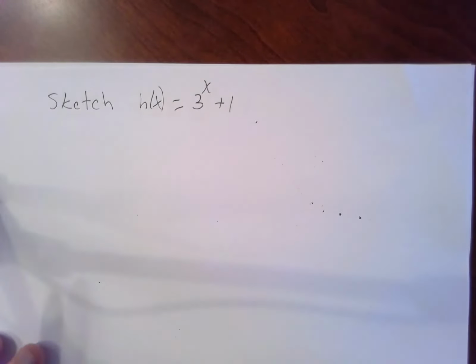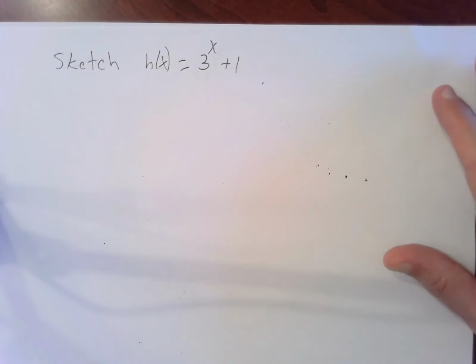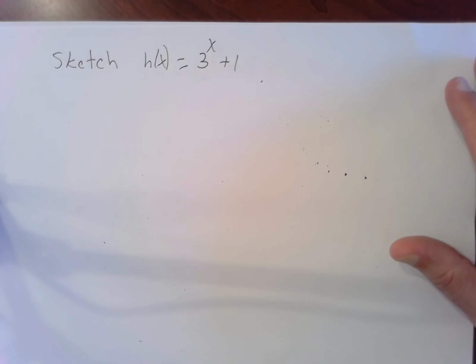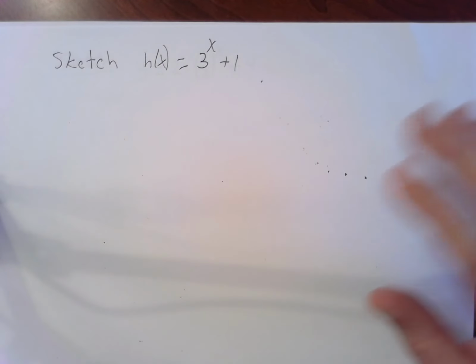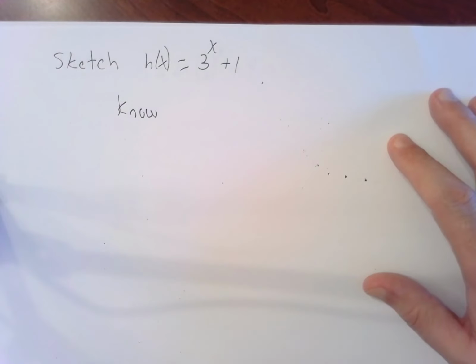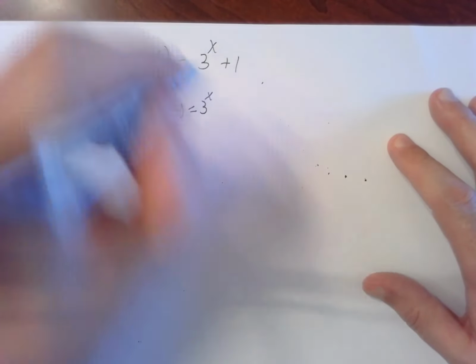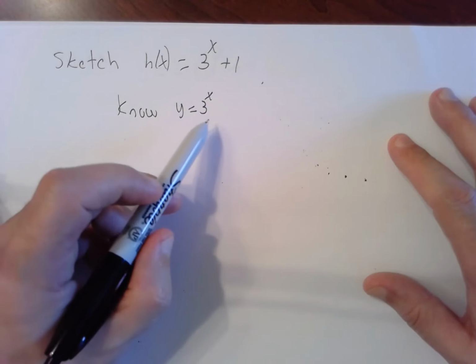Okay, let's sketch some graphs. Let's say I wanted to graph h of x is 3 to the x plus 1. Well, I know my basic graph here. We're just drawing a rough sketch. We know y equals 3 to the x is exponential growth.